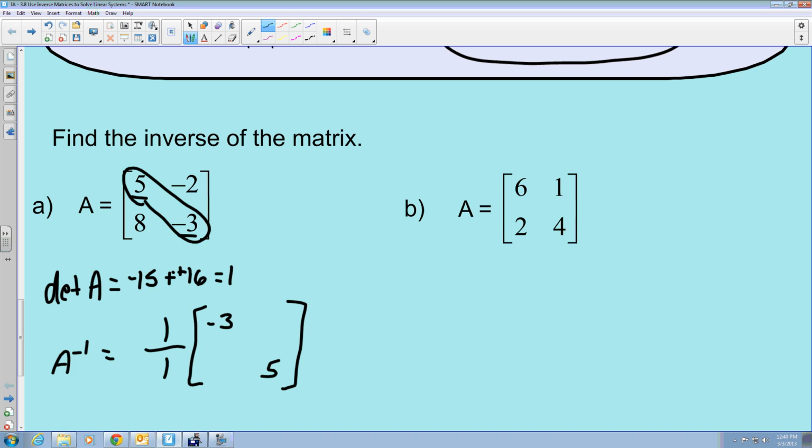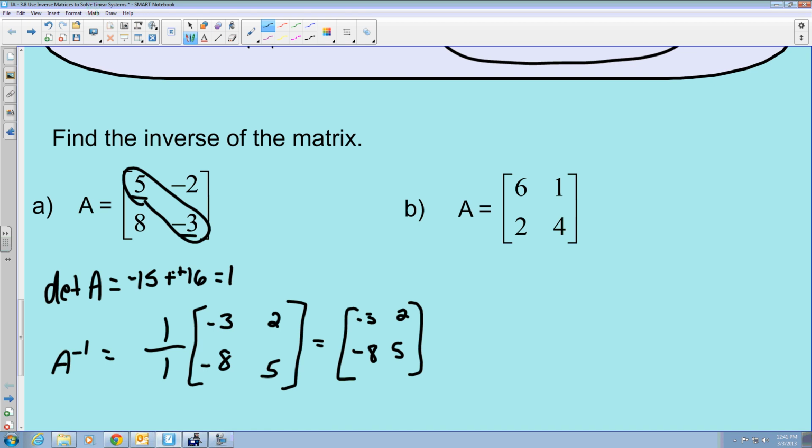And then I take the opposites of my b and c. So this becomes a +2 and this becomes a -8. Since 1 divided by 1 is 1, I multiply all those by 1. My inverse for A is just -3, 2, -8, and 5.